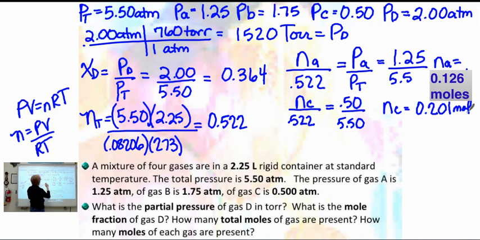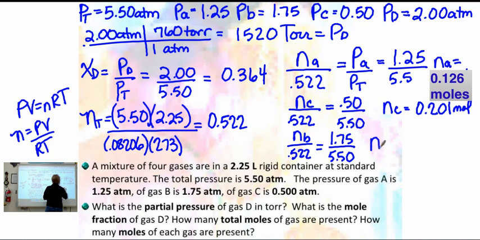And the moles of B over 0.522 is equal to the pressure of B, 1.75 over 5.50. And my moles of B are equal to 0.176 moles.